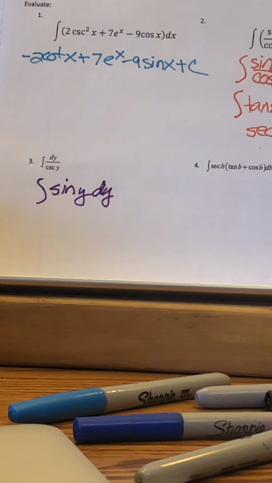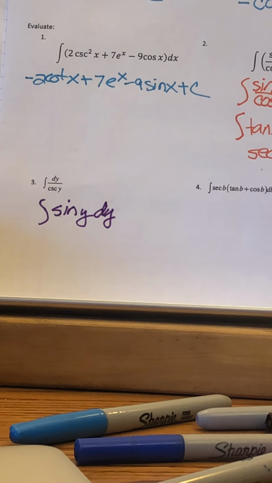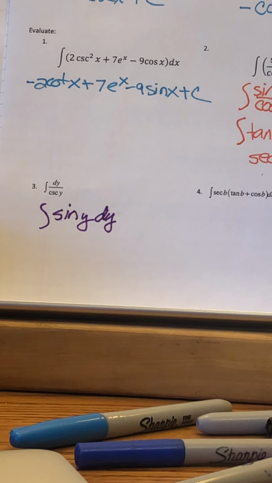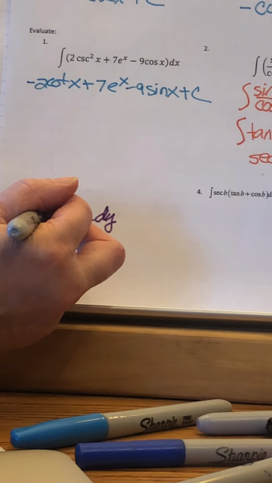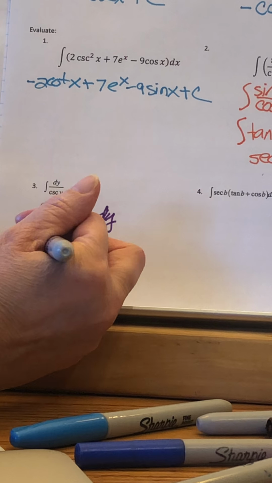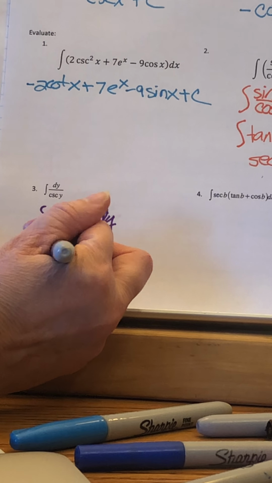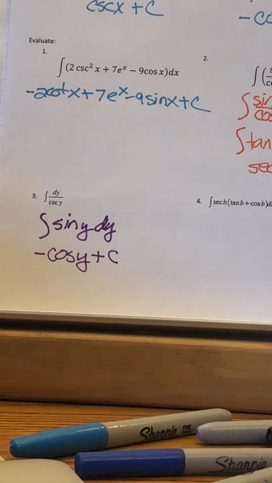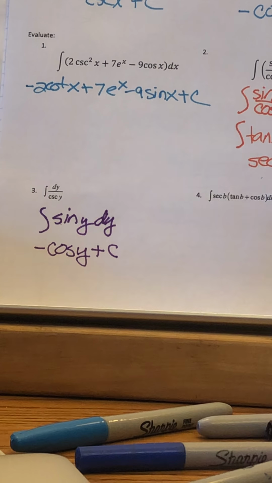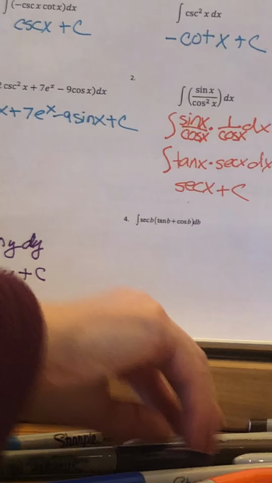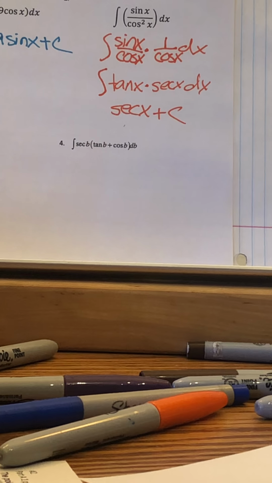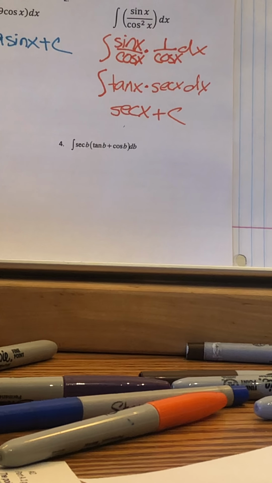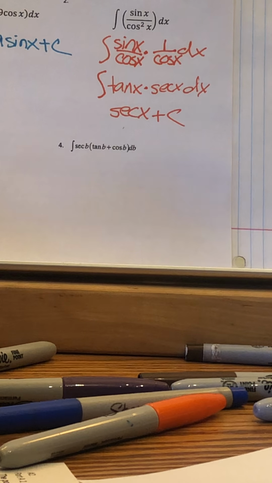Now I look on my list, and I see a negative sine y, so it's missing its negative sign. So its antiderivative is negative cosine y plus c. And that's its answer.